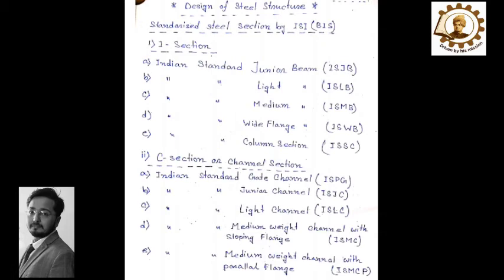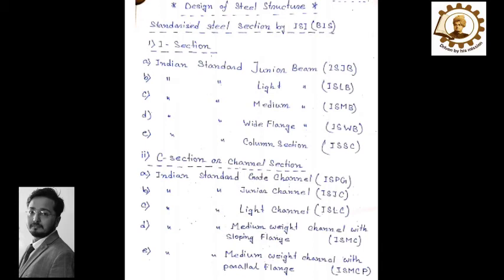Now for C section or channel section, there are also 5 different types of section available. First, Indian Standard Gate Channel, ISPG, Indian Standard Junior Channel, ISJC, Indian Standard Light Channel, ISLC, Indian Standard Medium Weight Channel with Sloping Flange, ISMC, Indian Standard Medium Weight Channel with Parallel Flange, ISMCP.